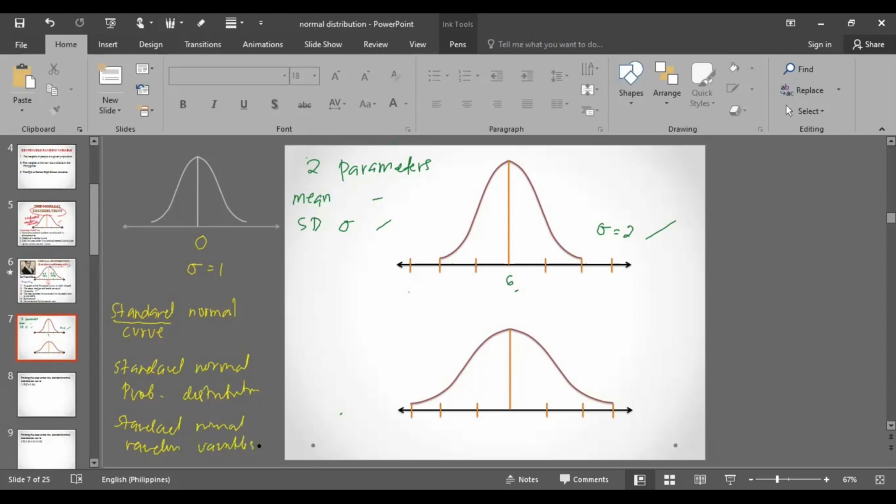It is denoted by an uppercase letter Z, which will be the focus of this lesson video. We will be dealing with random variables where the mean is 0 and the standard deviation is 1.